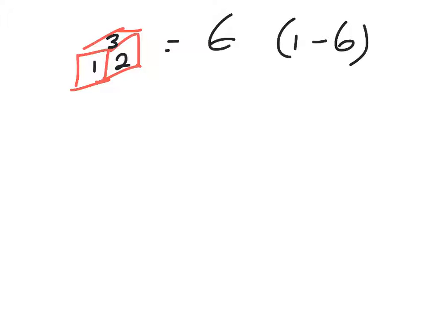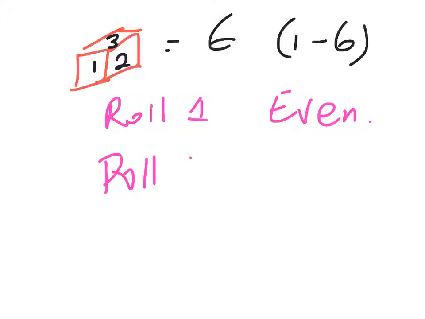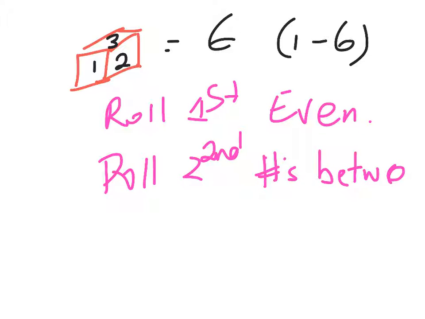If I was looking to roll, on my first roll I was looking for an even. And the second roll, that's first, this is second, and I was looking for, say, numbers between 2 and 5.